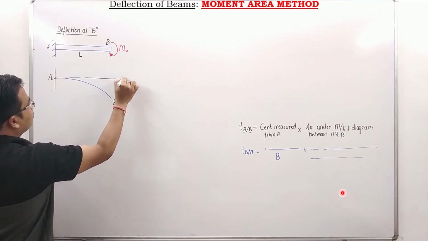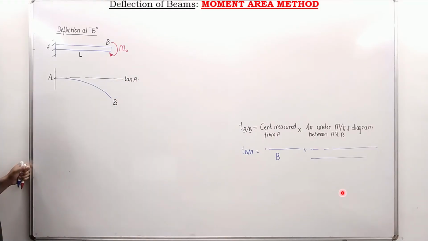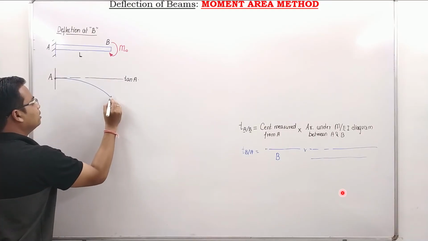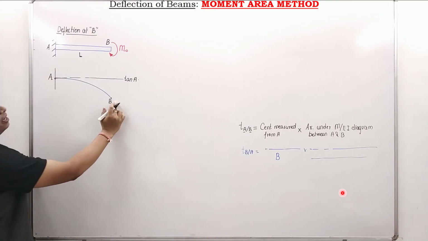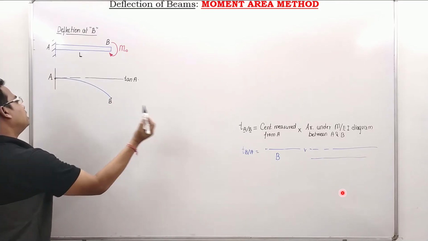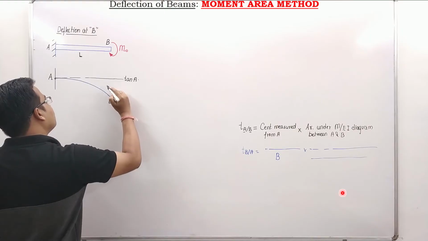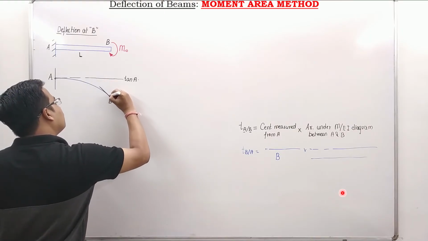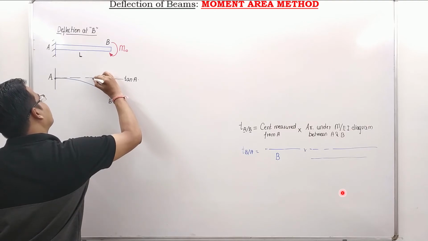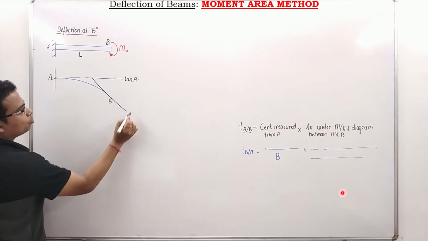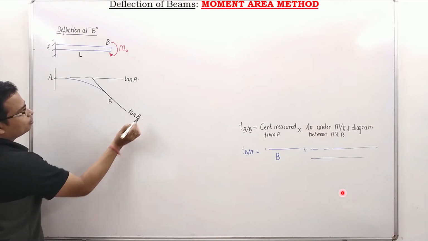That's the tangent at A. Why am I drawing this? You'll get all the answers, don't worry. And this is, by the way, point B. We want to find the vertical deflection at B, and drawing a tangent is going to help us. Extending it backwards, yeah, this is going to do the job for us. So this is going to be the tangent at B.